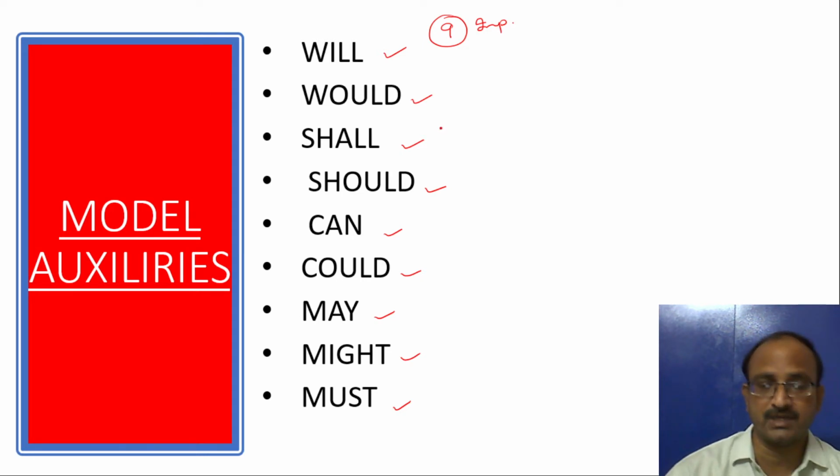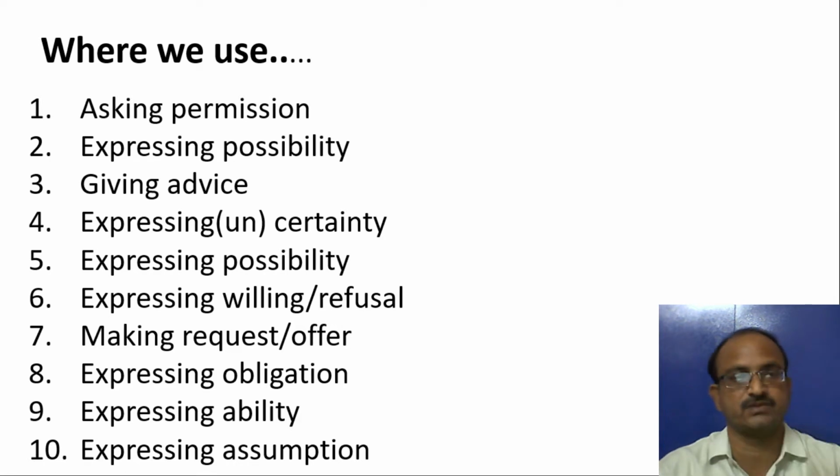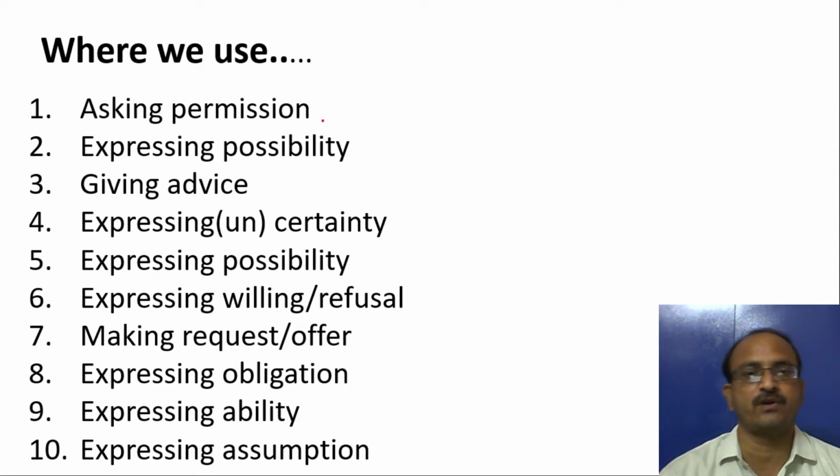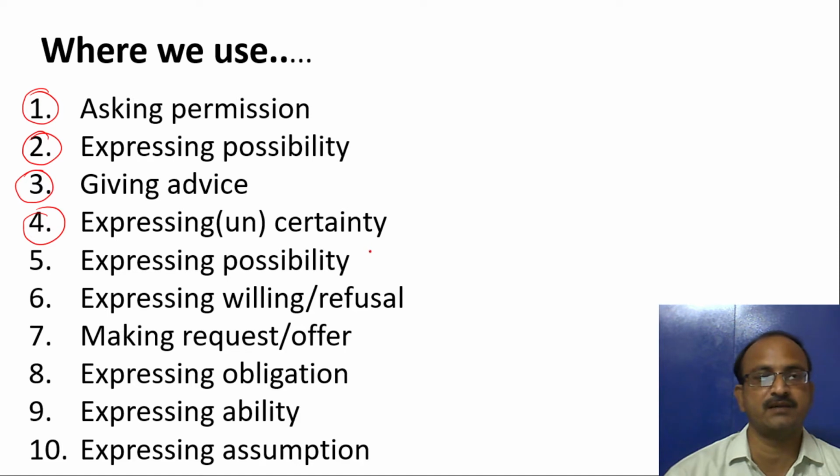What are the duties of the modal auxiliaries? Where and for what purpose do we use them? Look here: asking for permission, expressing possibility, giving advice, expressing certainty or uncertainty, expressing willingness and refusal, making a request or offer, expressing obligation, expressing ability, and expressing assumption.